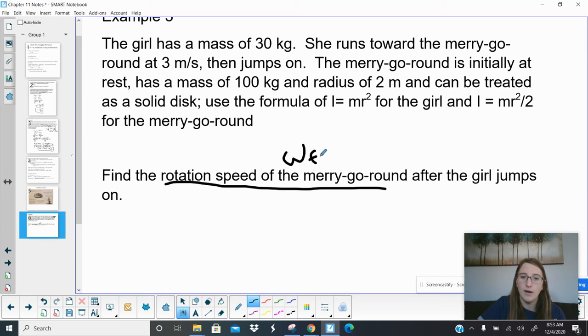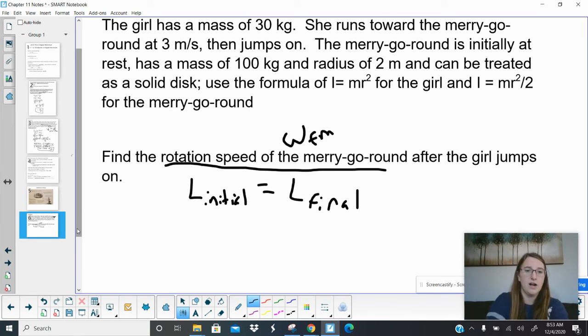Angular speed of the merry-go-round, let's say. That's our end goal. Now, what we need is that we're starting with the fact that the total momentum initial, because they're separate momentums together, is going to equal their final momentums together.